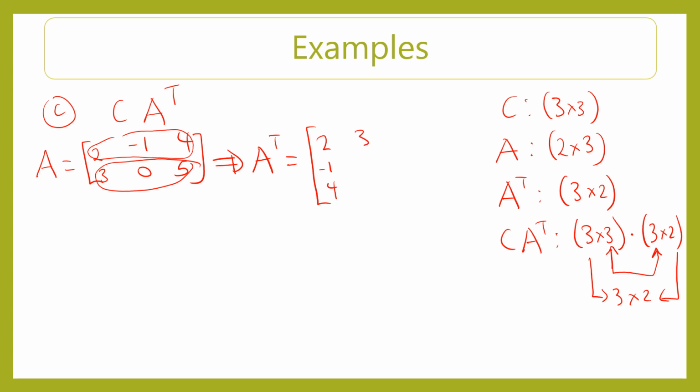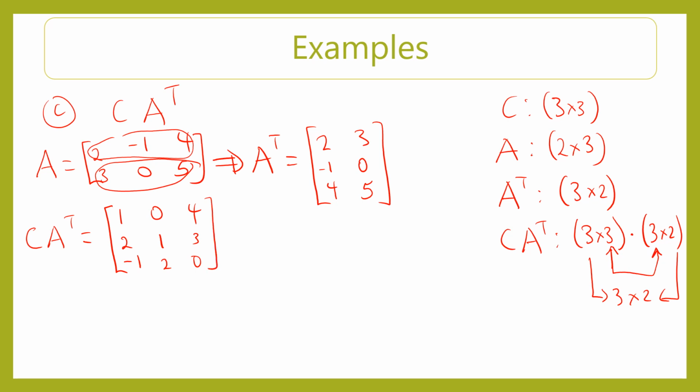So that would be 3, 0, 5. All right, now that I have A transpose, I can multiply C by A transpose. So C again, let's recall, is 1, 0, 4, 2, 1, 3, minus 1, 2, 0. I'm multiplying it with A transpose, which is 2 minus 1, 4, 3, 0, 5.